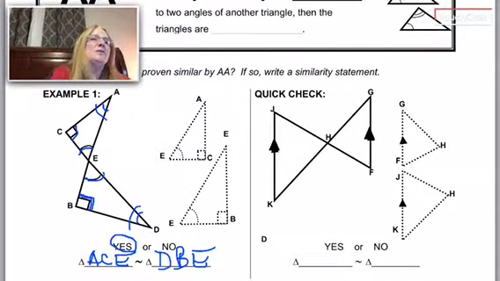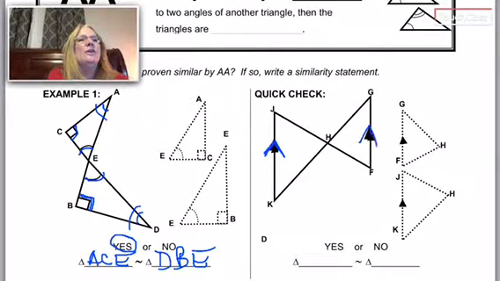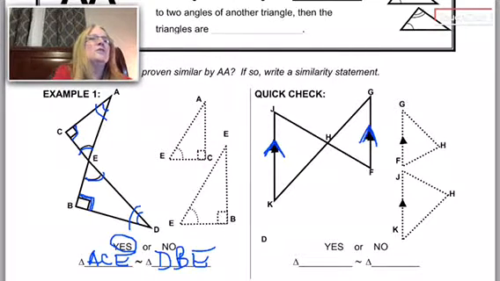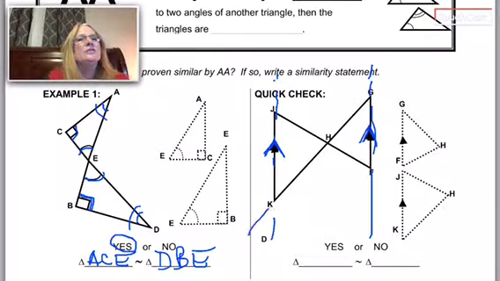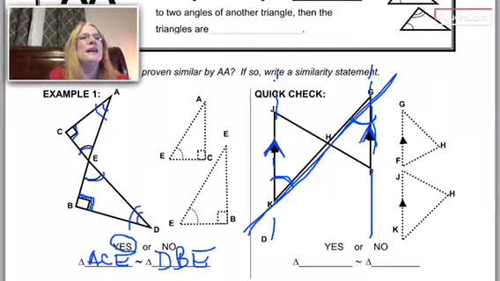Okay, and the quick check to the right, these symbols here show that those sides are parallel. And so anytime you have parallel lines like this, we have these parallel lines cut by transversals, which mean that these angles that are kind of across from each other like that are going to be the ones that are congruent.